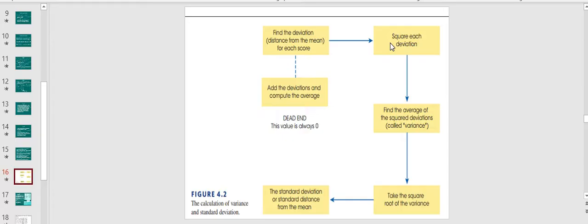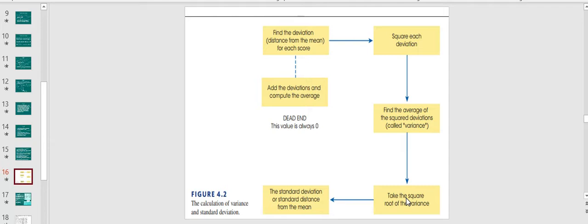we begin by squaring each distance. Then we find the average of the squared deviations, or the squared distances, and finally we take the square root of the variance, or the average squared deviation.